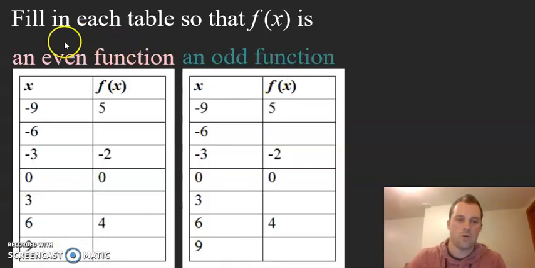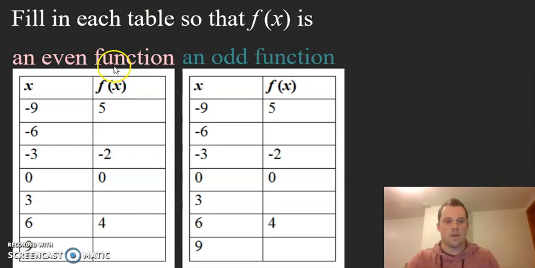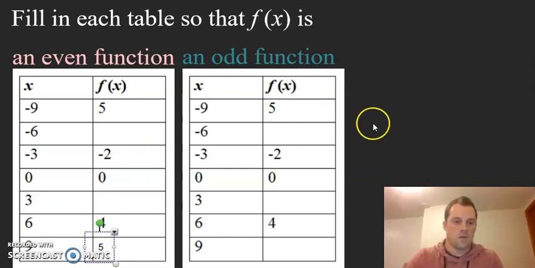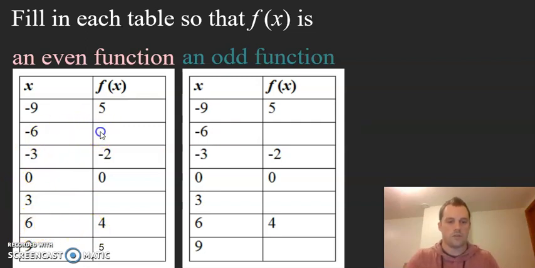As far as the table goes, we'll go back to even function. And I always think of a parabola as far as how I need to match up my output, my y values for f of x. Well, if negative 9 gives us an output of 5, then positive 9 should also give us a 5. 6 gives us an output of 4, so negative 6 should also give us a 4.